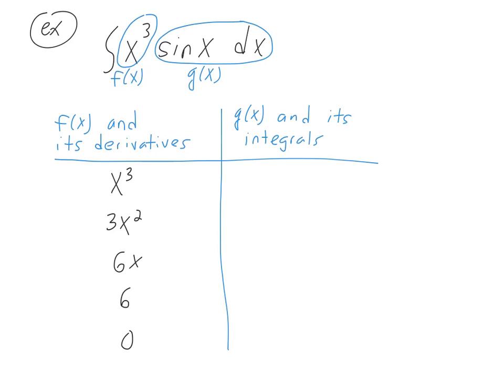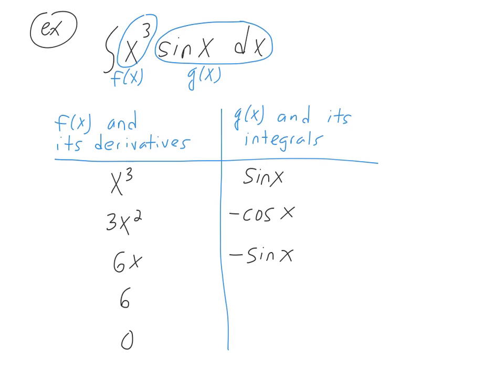Over on this side we have sine of x. When we integrate that, we get negative cosine of x. Now when I integrate just regular cosine, I'm going to get just positive sine, but then that negative in front will come along. When we integrate cosine, we get sine, so negative cosine becomes negative sine.